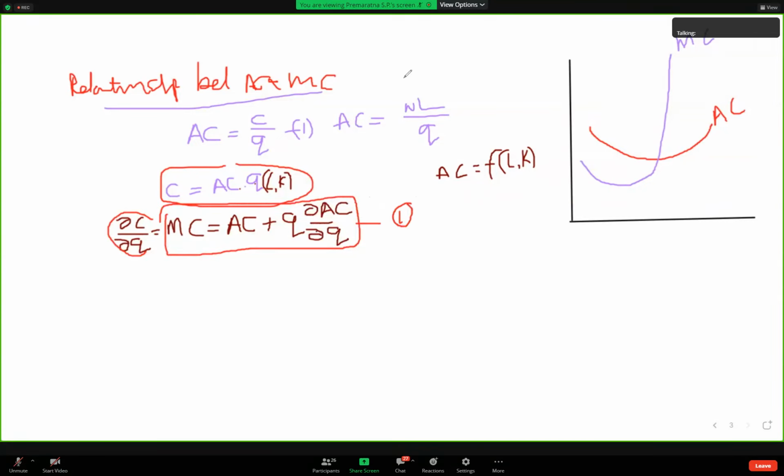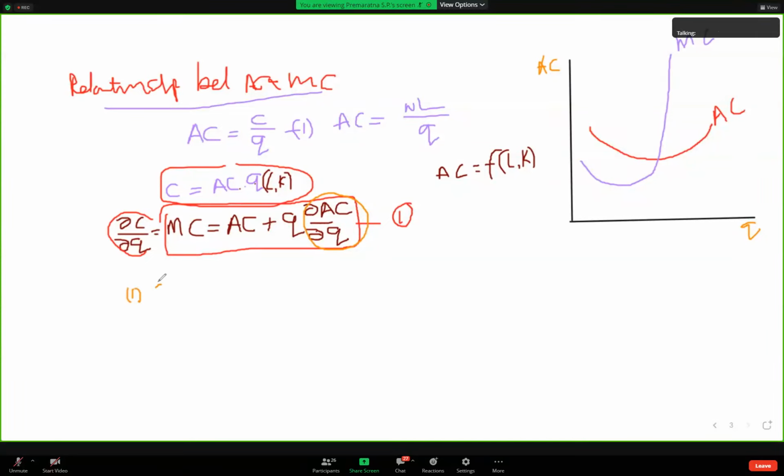Here, if you look carefully, this part is the slope of the average cost curve. Now look here.